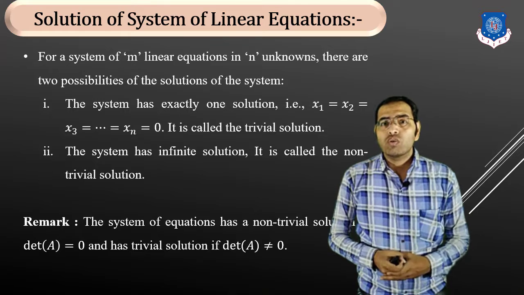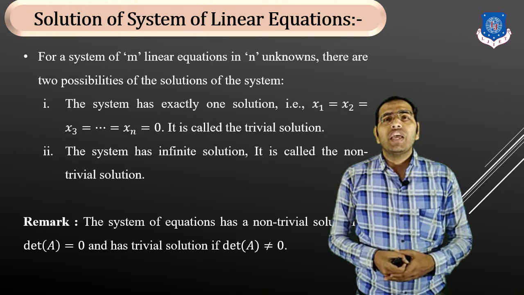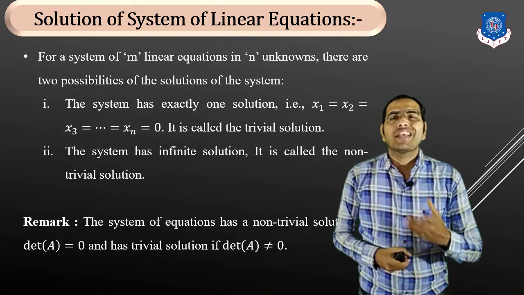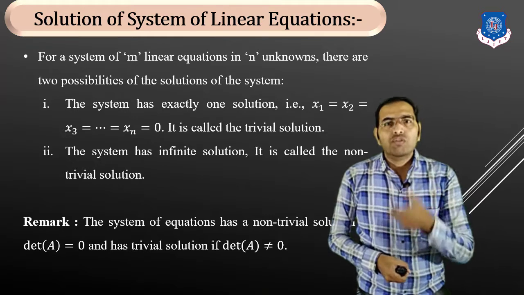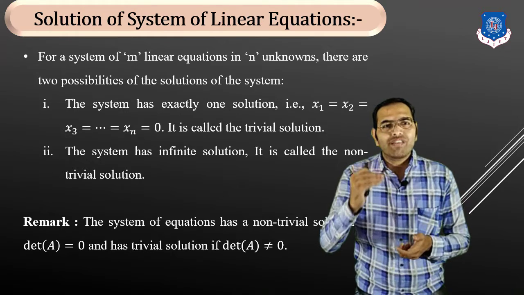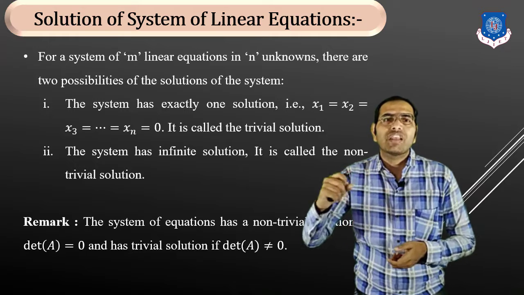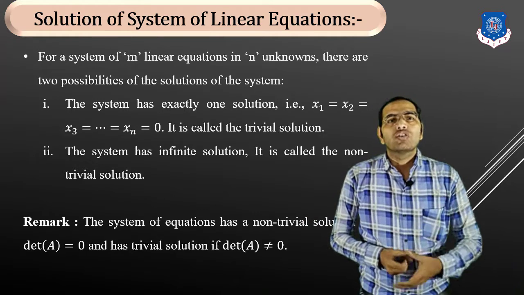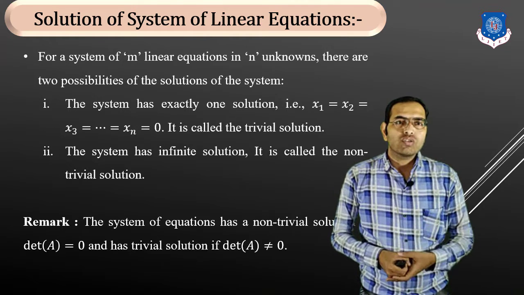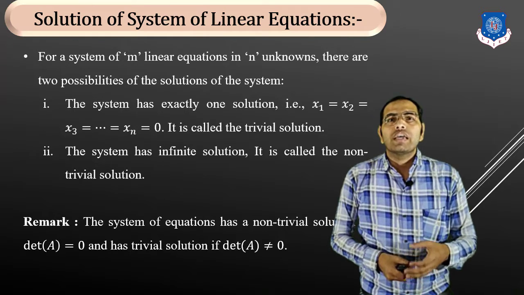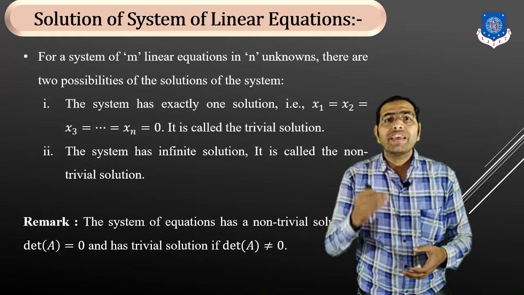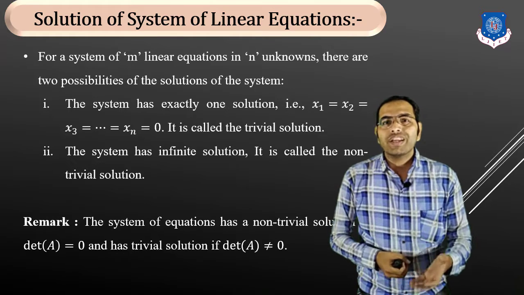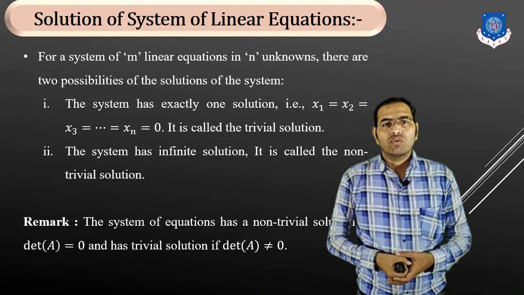If it is a unique solution, then each and every unknown has the same answer. That means x1 equal to 0, x2 equal to 0, x3 equal to 0, x4 equal to 0 up to xn equal to 0. This is also called the trivial solution. The other possibility is that the system has infinitely many solutions, which is called the non-trivial solution.